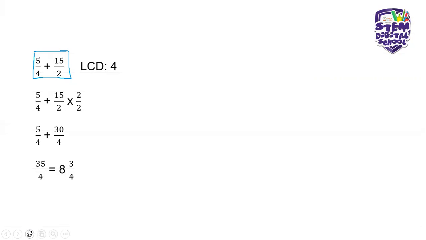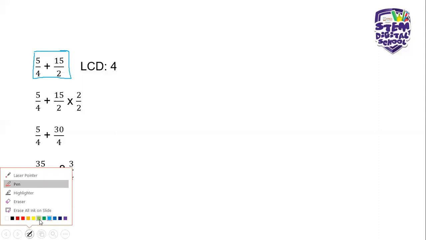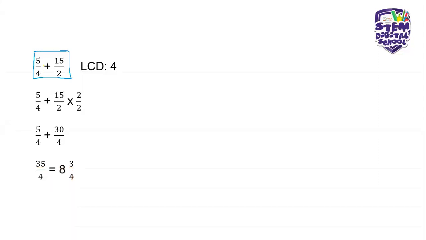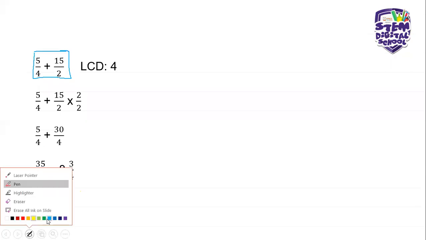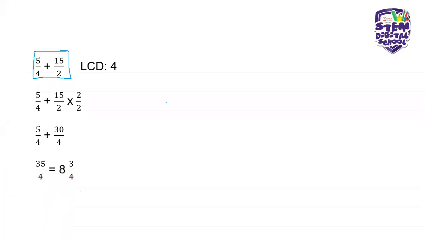There is a method of just multiplying both denominators, getting a number as a common denominator, and then later on simplifying. The other method, which is much safer, but depends on the size of the denominators, is that you just count the multiples.